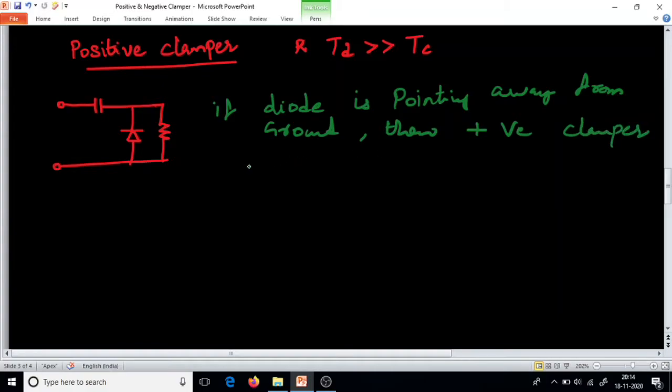If the diode direction is towards ground, then it is a negative clamper.